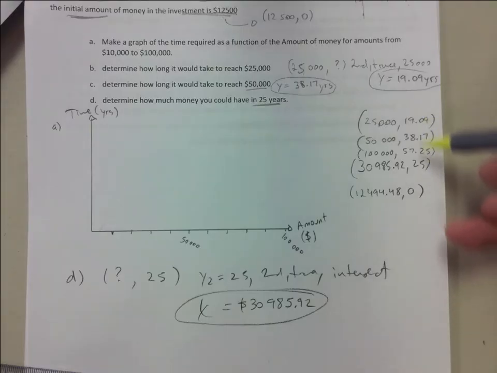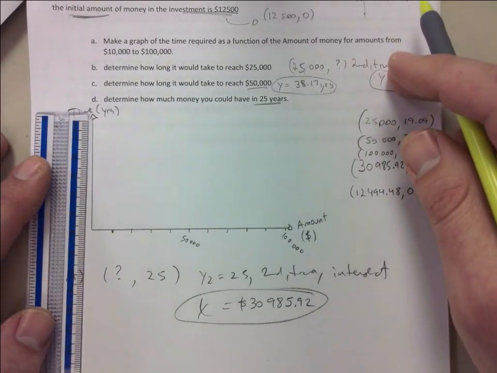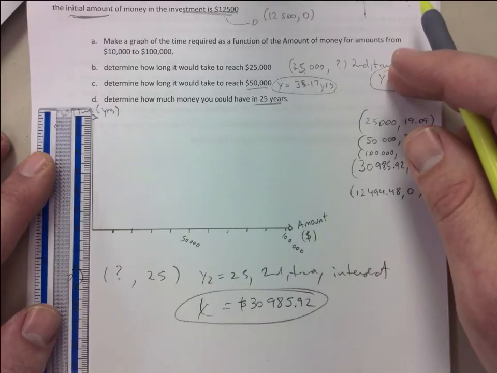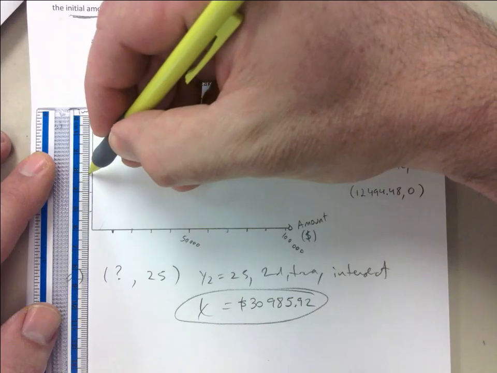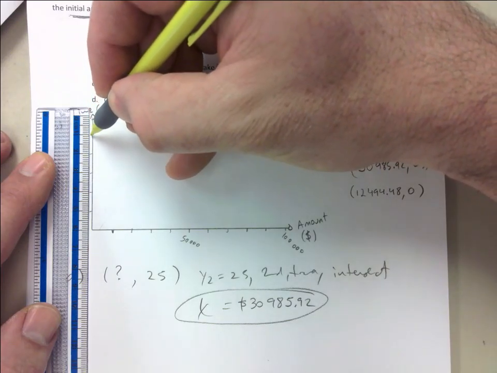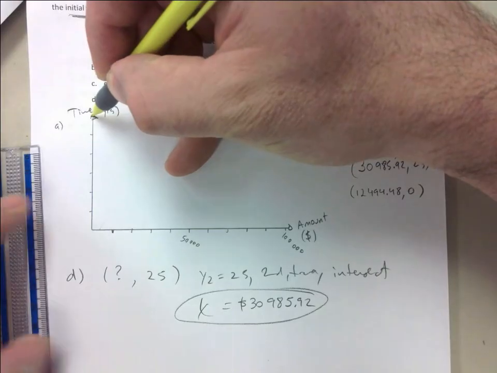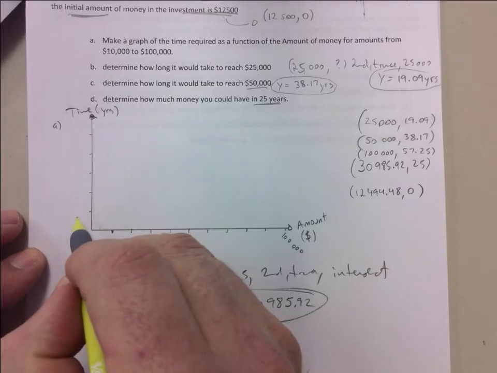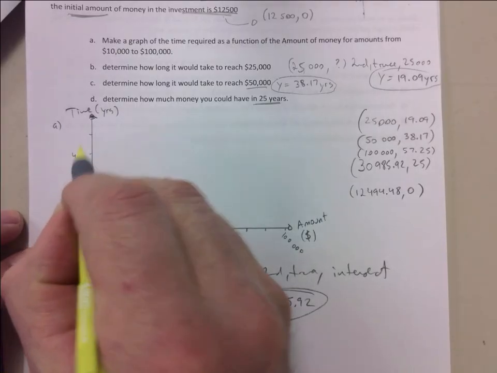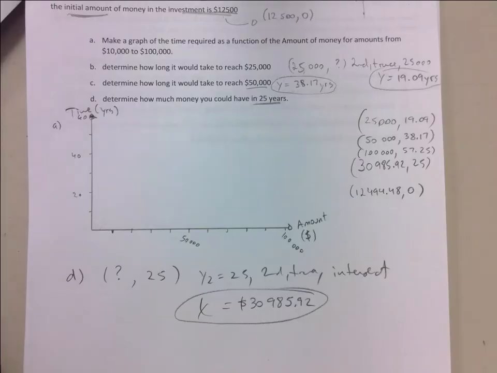On my y-axis, I'm going to go up to 60, because 57 is the highest. I'm going to go 1, 2, 3, 4, 5, 6. 6 is at the very top here, and that's okay. So 20, 40, 60, way at the top there.